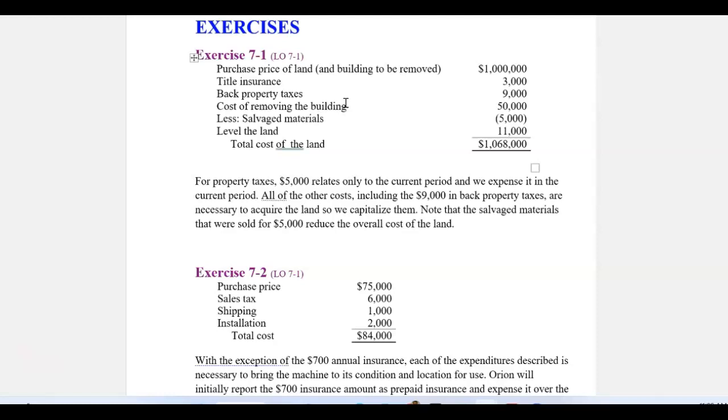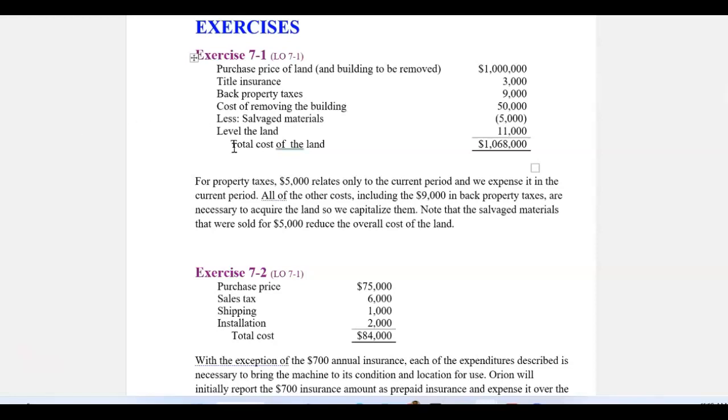However, they salvaged $5,000 of copper, aluminum, or something like that from the building. That is a minus because that's cash that they received for that recycling. At the end, they also paid $11,000 to level and grade the land. Okay, so that's also included. So the total cost of land in the land T account ends up to be $1,068,000.